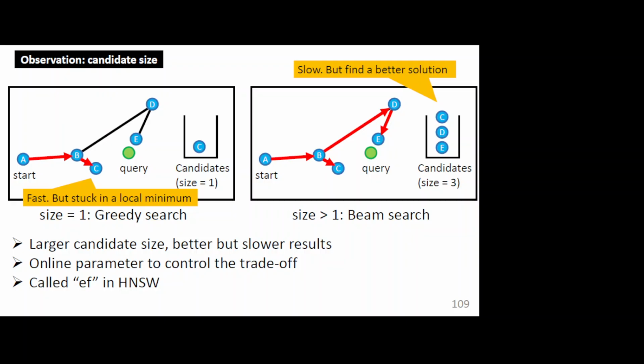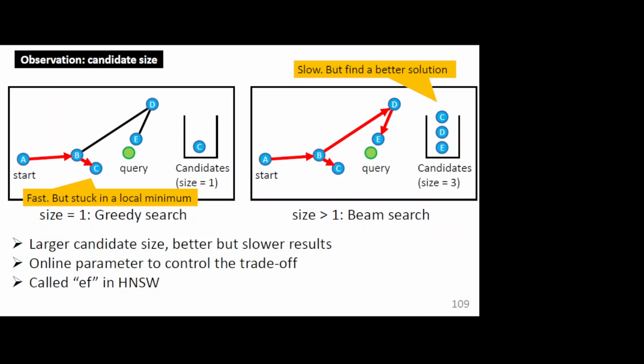But if you only keep one candidate in your bucket, you will drop node D and only keep C. And at C you cannot find anything closer to your query. So we call it a local minimum, getting stuck in a local minimum.